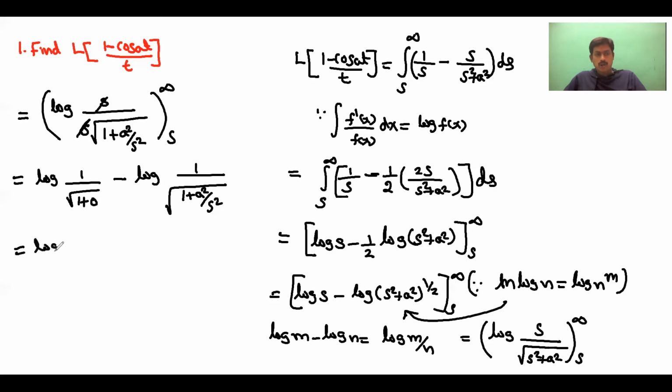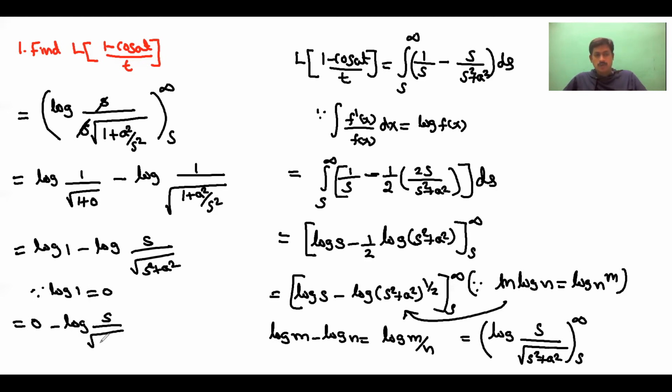Since we know that log 1 is 0, we get 0 minus log of s divided by square root of s square plus a square. Using the log property, I can write this term as log of s divided by square root of s square plus a square, the whole inverse. If you take the inverse, log of square root of s square plus a square divided by s is the required answer.